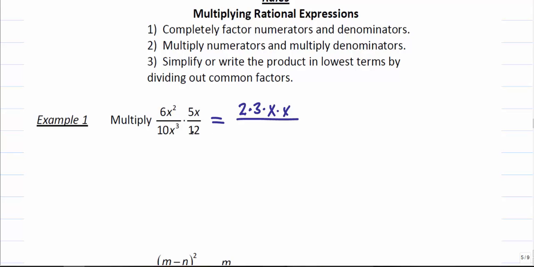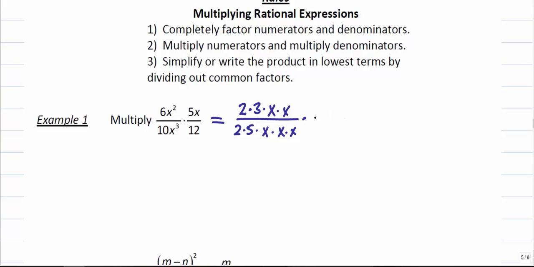There's no addition or subtraction in here. So I'm not going to be doing something like 6 times x plus 2 or something crazy. There's no pluses there. I can't make them appear. But anyways, that's the complete factorization of my first numerator. Then I'm going to move to my first denominator: 2 times 5 times x times x times x.